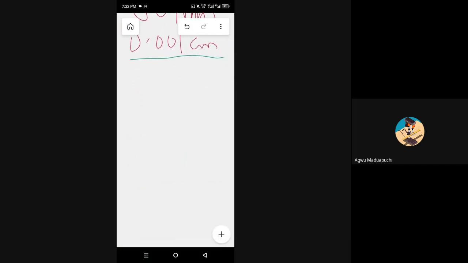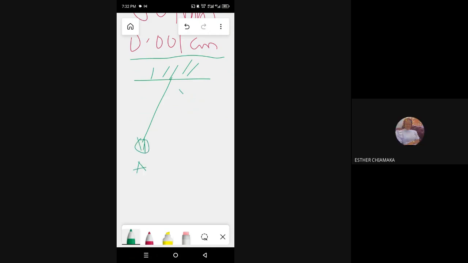Now, I've explained one oscillation before. So let's say we have a bulb. This is a bulb. Can you see my whiteboard? Yes, sir. Now, when the bulb goes from A to B, that's half an oscillation.